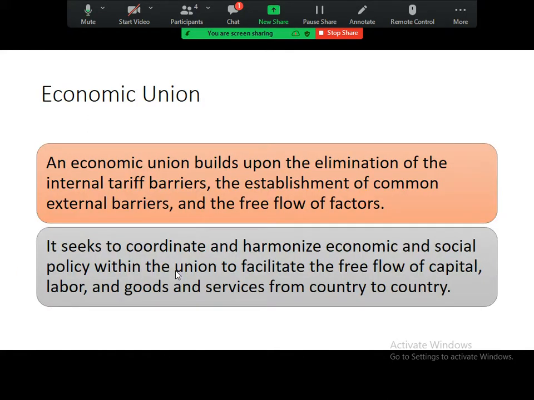An economic union builds upon the elimination of internal tariff barriers, the establishment of common external barriers, and free flow of factors. It seeks to coordinate and harmonize the economic and social policy within the union to facilitate the free flow of capital, labor, and goods and services from country to country.